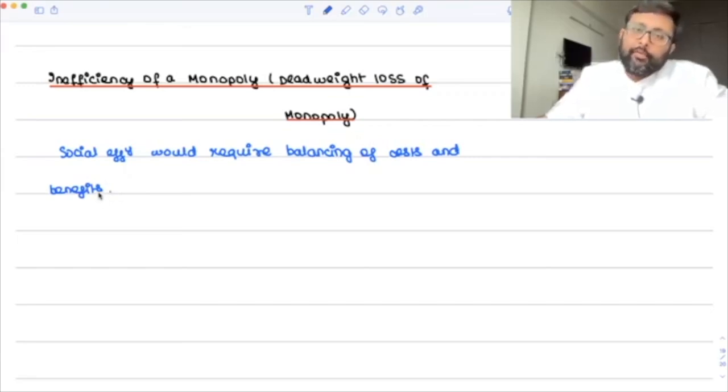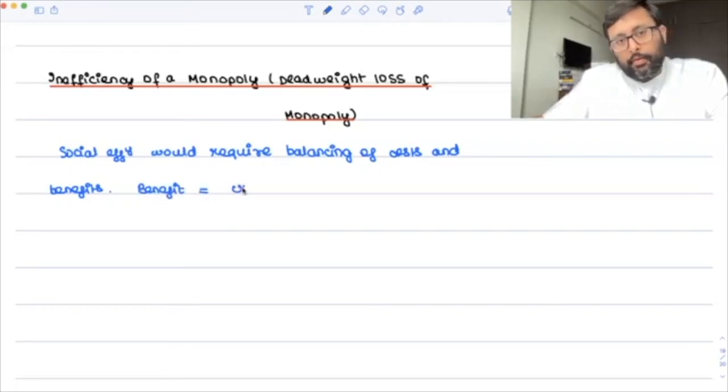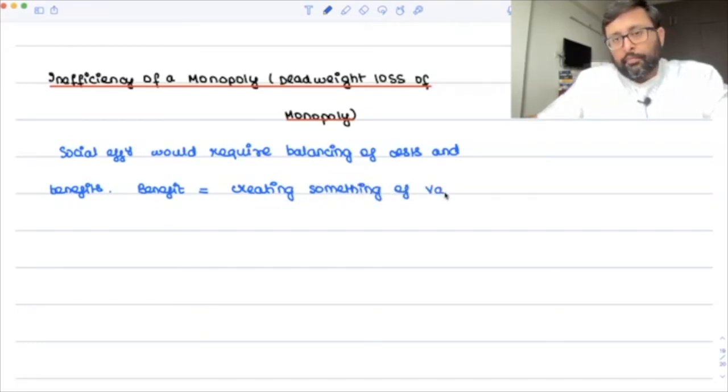So how are you creating benefit? You are creating benefit by giving something of value to the people. Benefit is created by creating something of value for people, right?